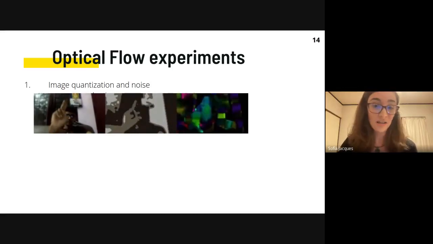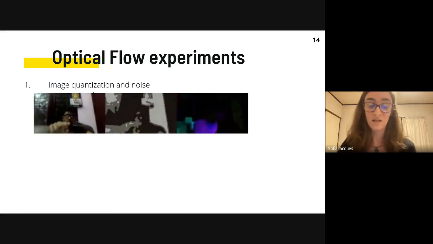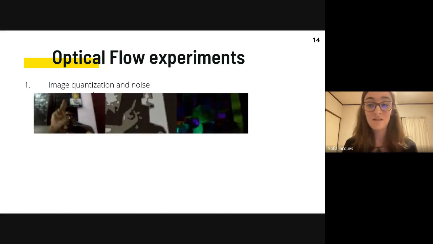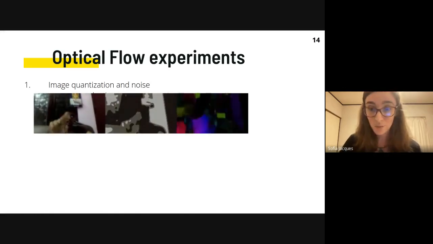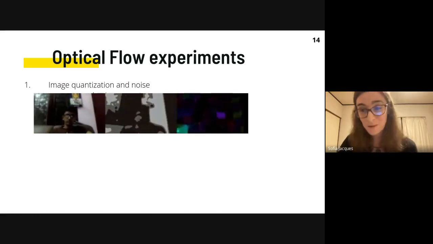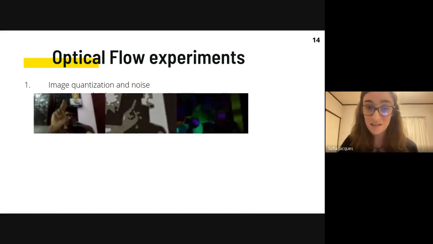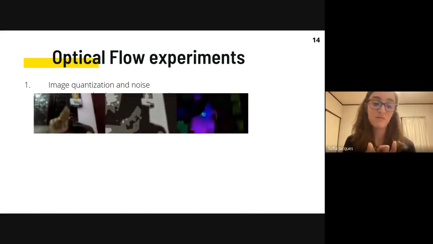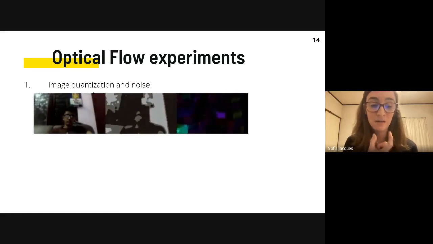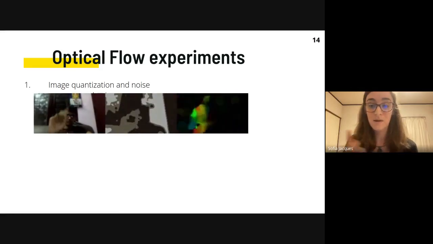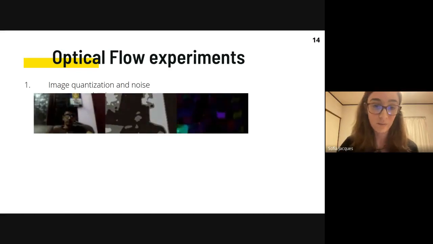Initially, we tried image quantization and noise reduction, because we thought that by reducing the colors in the image, there would be less variation within the image, and it might improve the optical flow. But the results were pretty bad. You can see that the variation within one single frame is much better, but the variation within consecutive frames was still far from good.